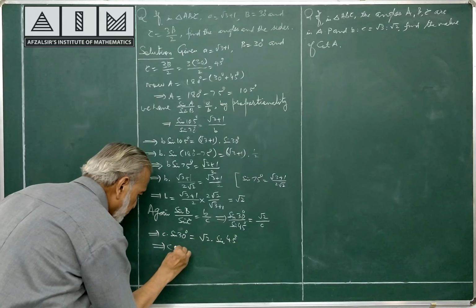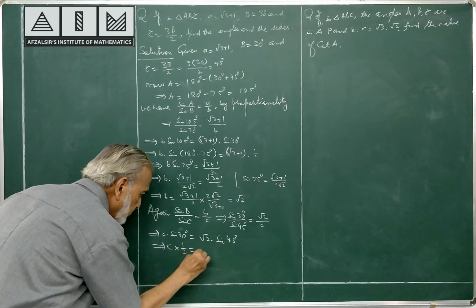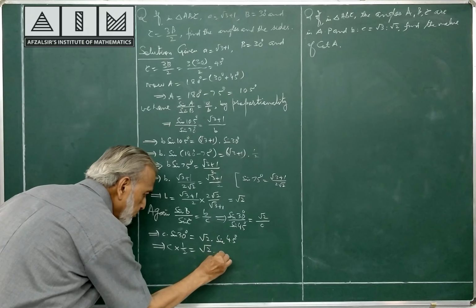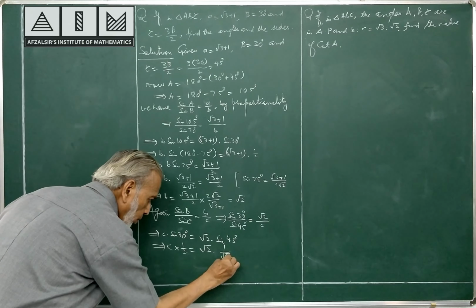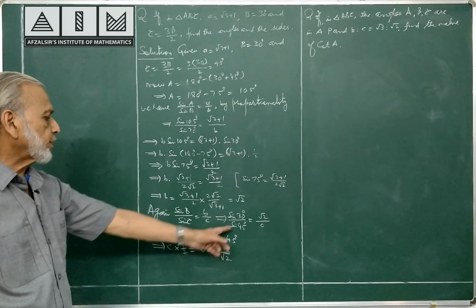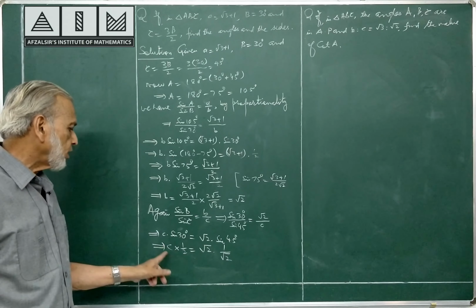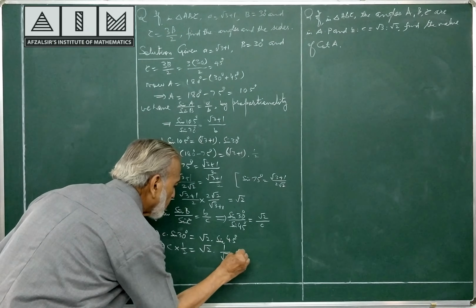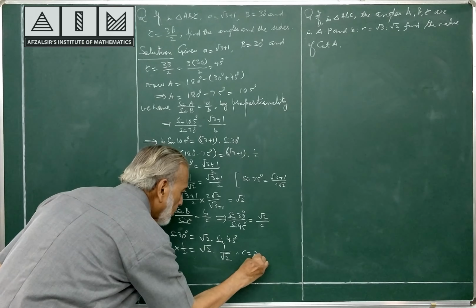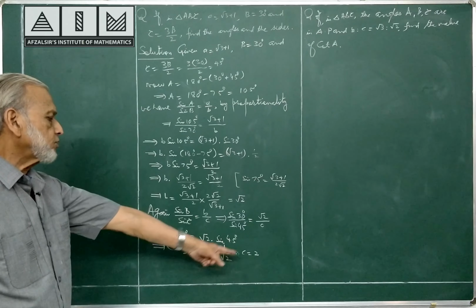Substituting the values, sin 30 is 1 by 2, this is root 2, this is 1 by root 2. Sin 45 is 1 by root 2, these two will cancel, c is equal to 2.